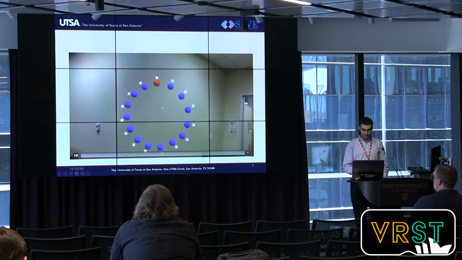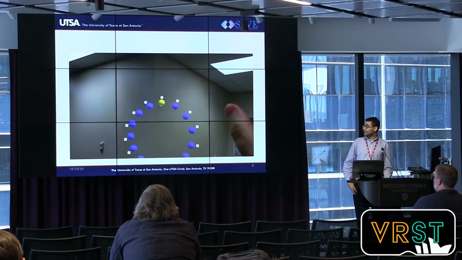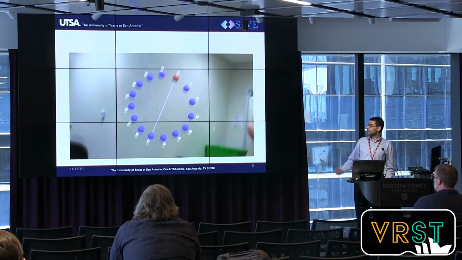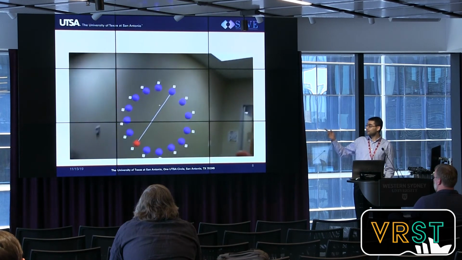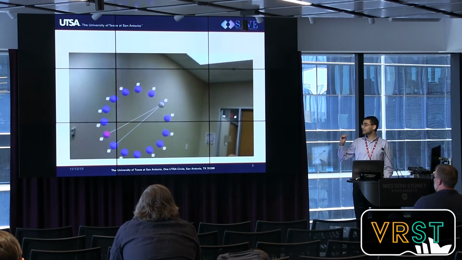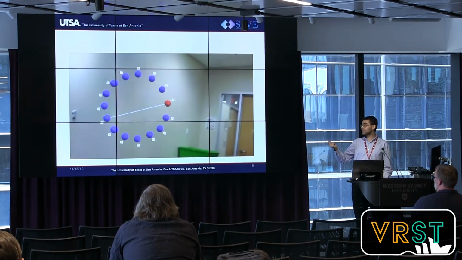So here is a video where we initially had some issues with the gesture controller. But in between each point, we have the line, since the HoloLens does have that very limited field of view, the line would help guide the user to the next object to be selected.